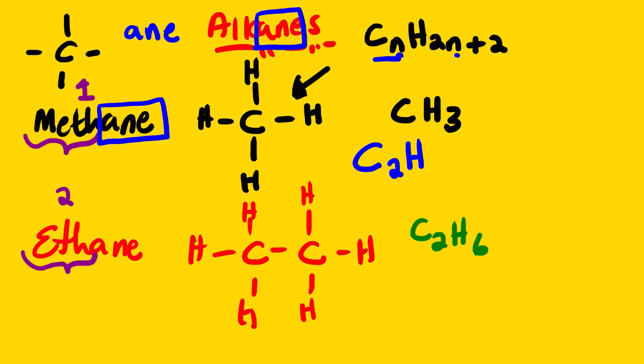And then H, we know that it will be 2 multiplied by this 2 that will be substituting here. We are going to get 4. Then this 4 plus 2, we are going to get 6. Then this is the molecular formula of ethane. Make sure you know how to use this equation, because during discussions I'll be asking questions based on this.